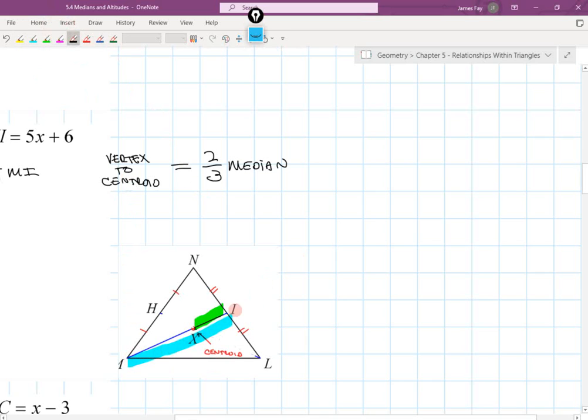That's the 1/3. So the way I would write this is I would say that the centroid to midpoint, spell midpoint, right? The centroid, which is X, to the midpoint, which is I, is 1/3 the entire median.